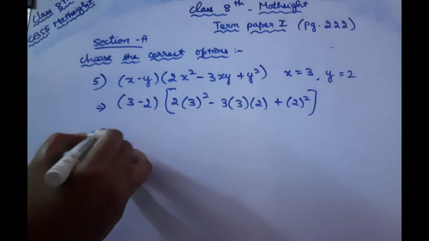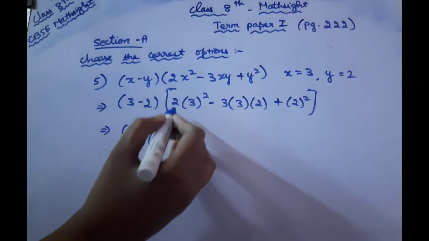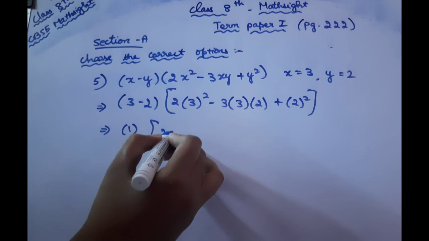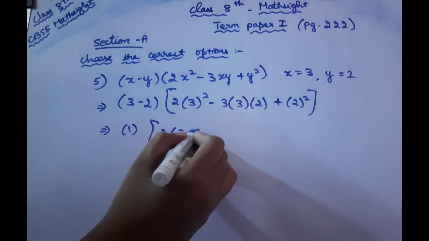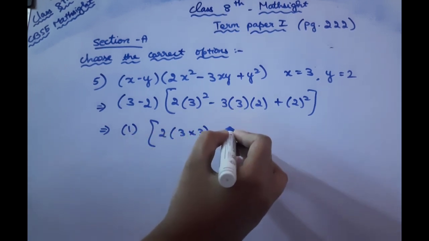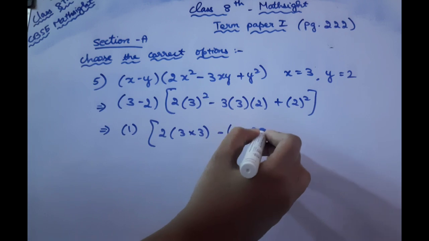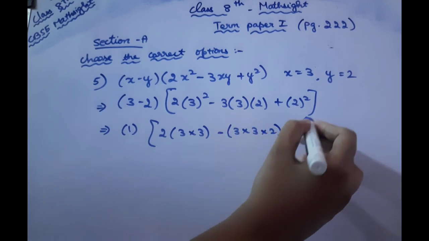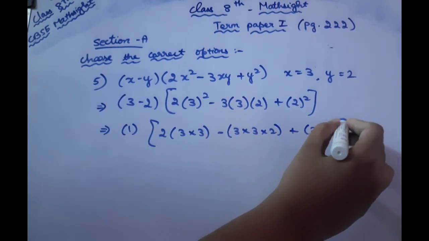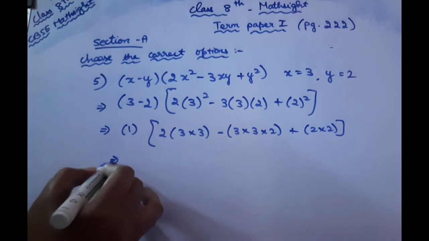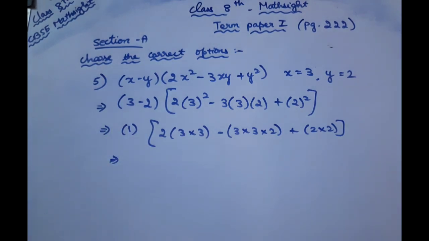3 minus 2 gives the value 1. 3 square is 3 into 3. Here we multiply all three numbers, 3 into 3 into 2, plus 2 square, which is 2 into 2. 1 multiplied with any number gives the same number.